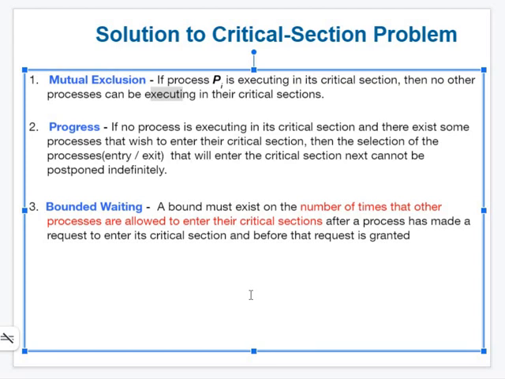If you both are friends, he will come and ask you, and you will give him some time, like after 2 days I will give you the textbook. After that you should not postpone, because he has compromised for 2 days, so you also should be able to give it on time. The next one is bounded waiting.